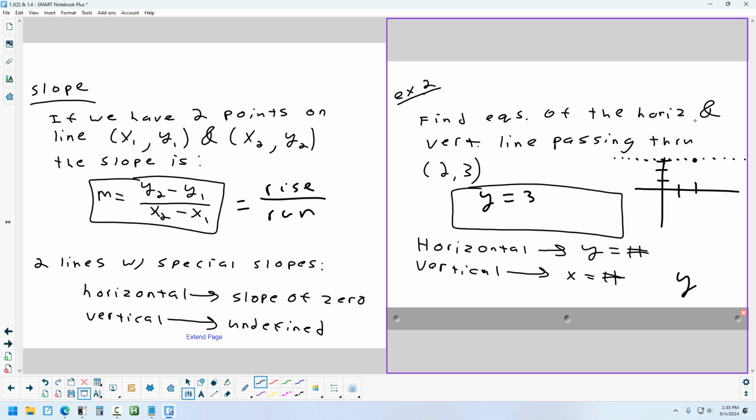What would be the equation of the vertical line that goes through that point? X equals 2. Okay, so what I'm trying to show you there is horizontal and vertical lines are a special case.